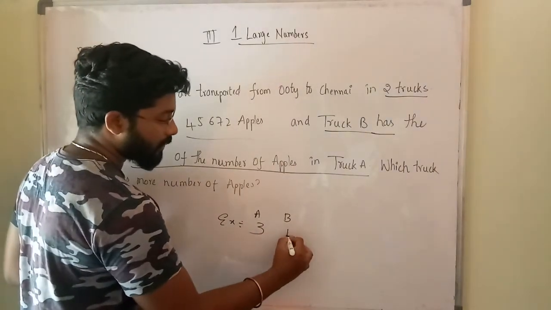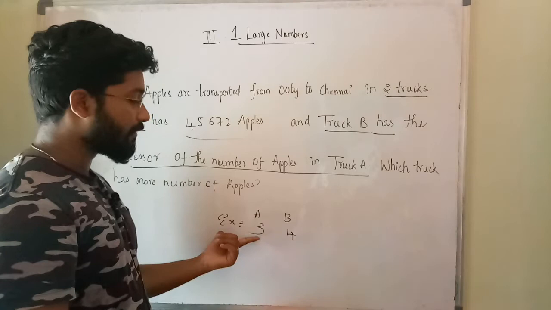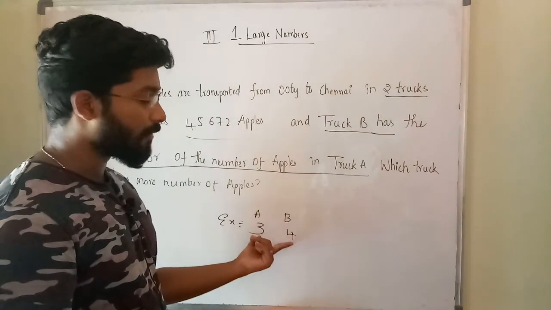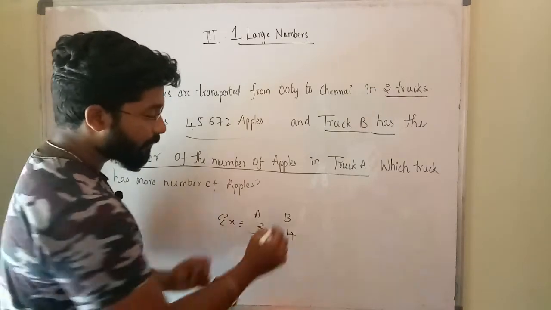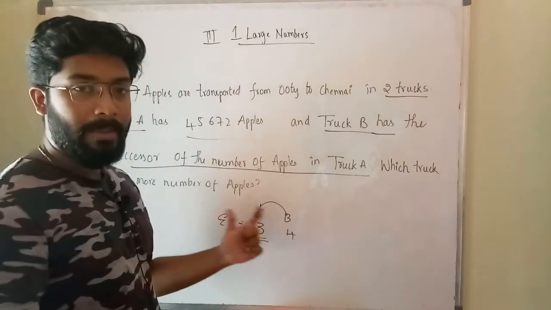So if A is having 3 apples, B will be having 4 apples. B will have the successor number of apples which are there in truck A.